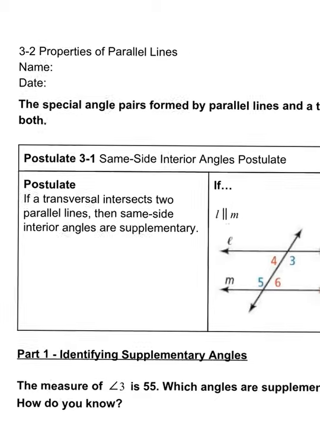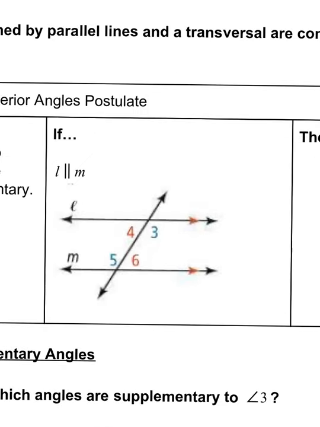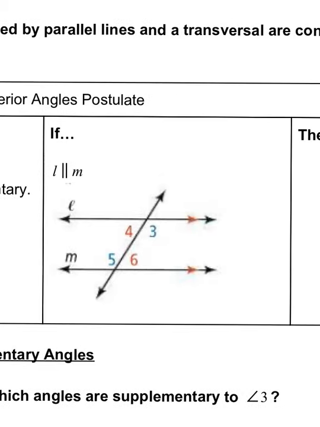All right, so if you look at our diagram, do y'all remember what this notation is right here? Parallel. So what we're saying here is that line L and line M are parallel, okay?